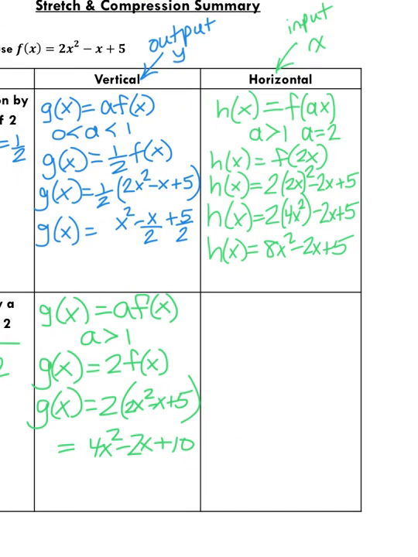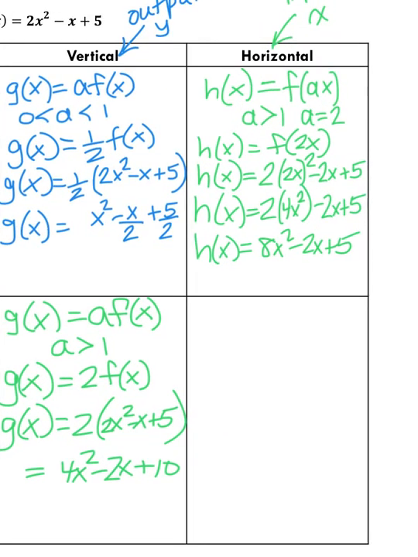So if I want to stretch horizontally, I'm going to be multiplying my input variable by some kind of scale factor. And if I want to stretch that horizontally, that a is going to be some kind of fraction.